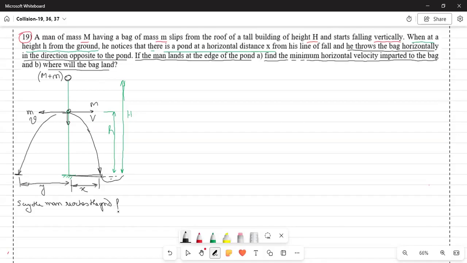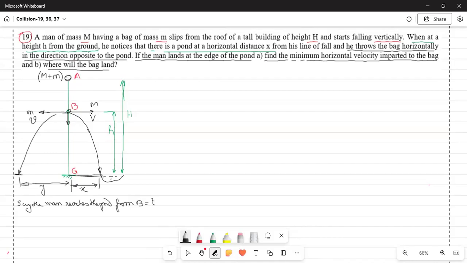Let us give names to these points: this is A, this is B, and this is G, the ground. So the man reaches the ground from B in time t.